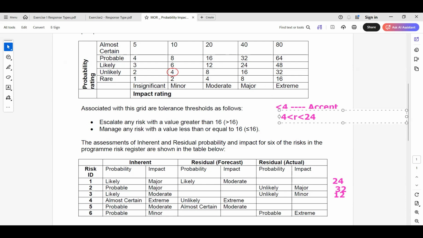So can I use it as a tolerance? Yes. Is that okay?